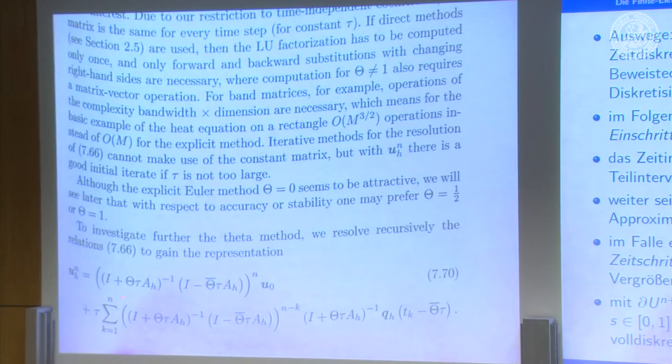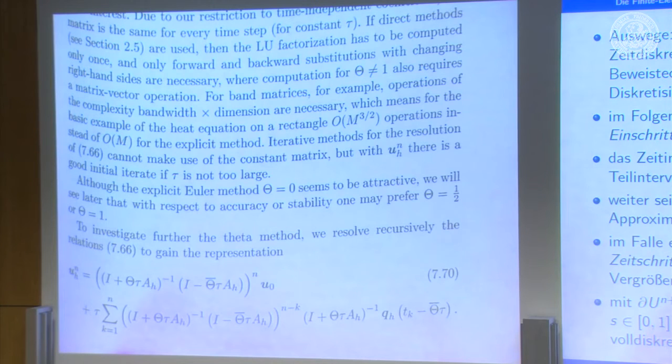So what apparently has happened by the time discretization is that this matrix e to the minus argument is now substituted by this rational function here. And maybe you have heard the word Padé approximation. Who has heard this word already?